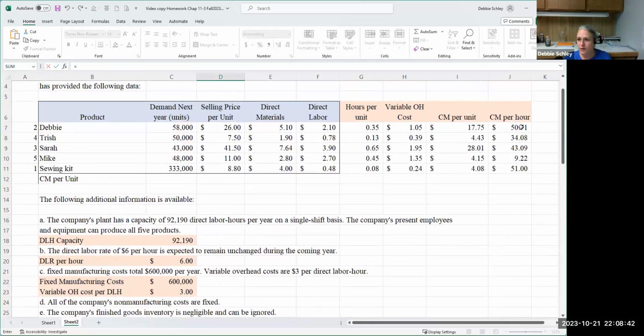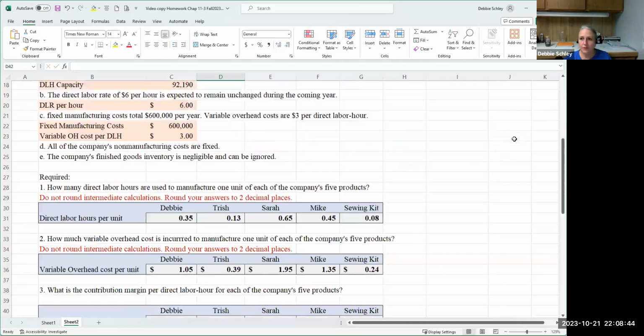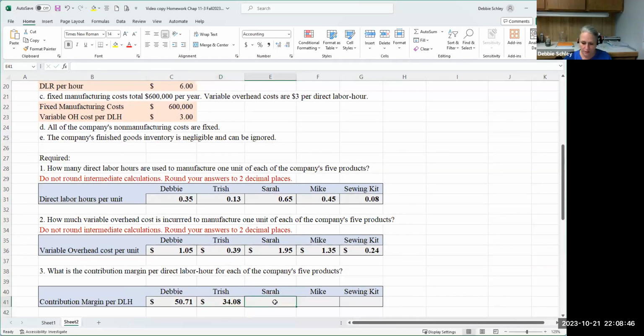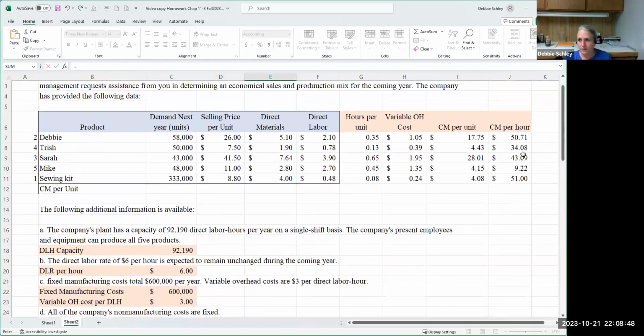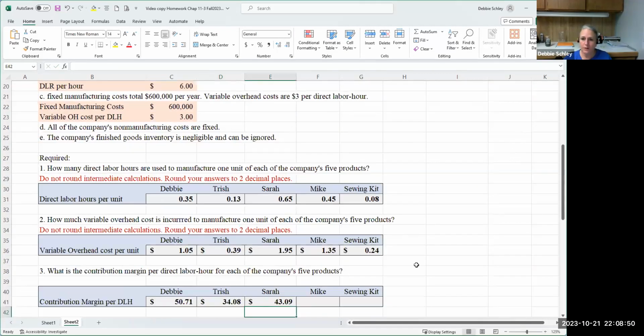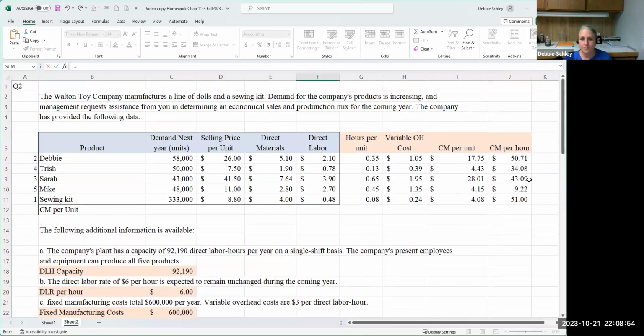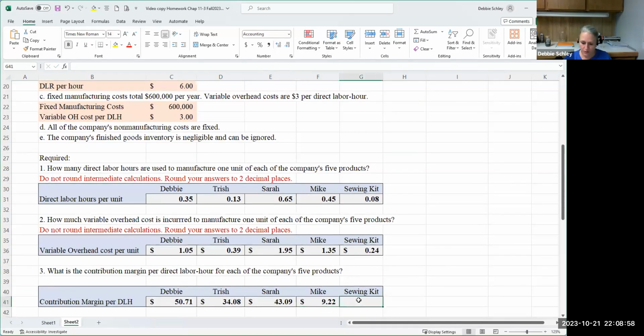Okay, I'll finish putting those in down here. Equals contribution margin per direct labor hour for Trish and Sarah and Mike and the sewing kit.